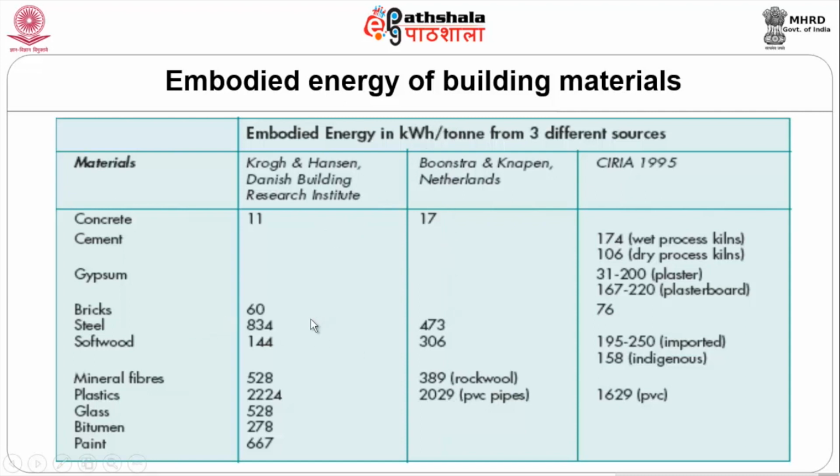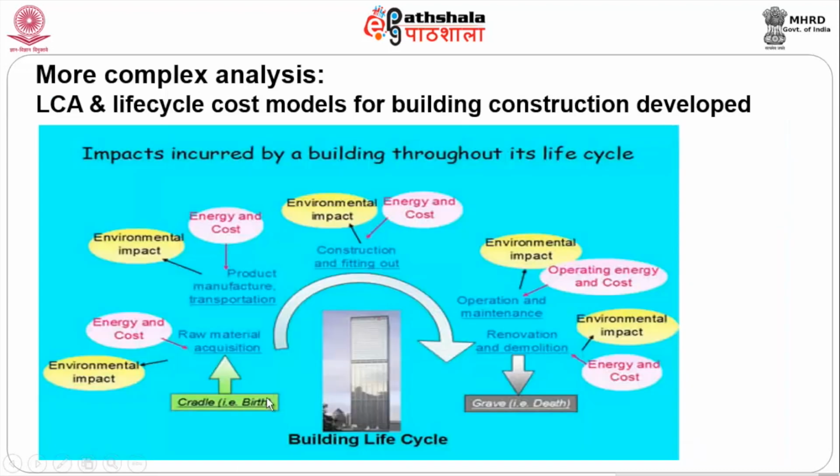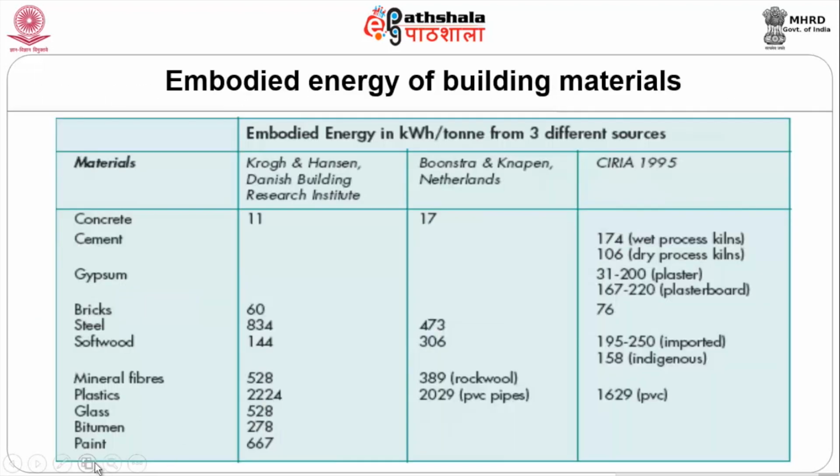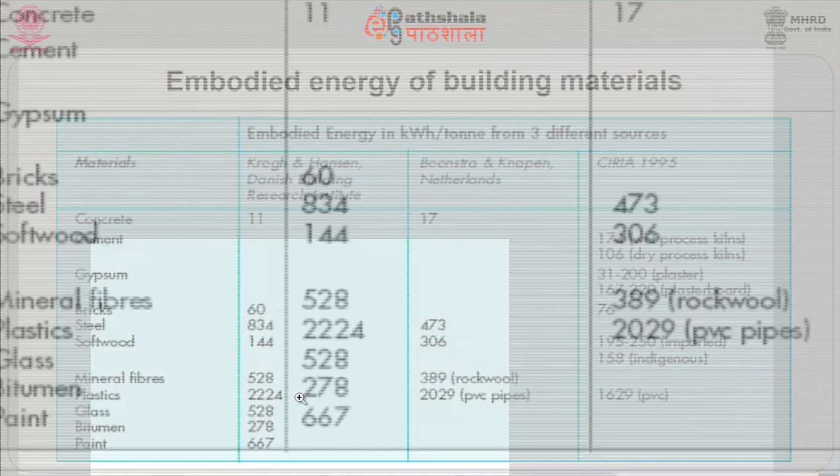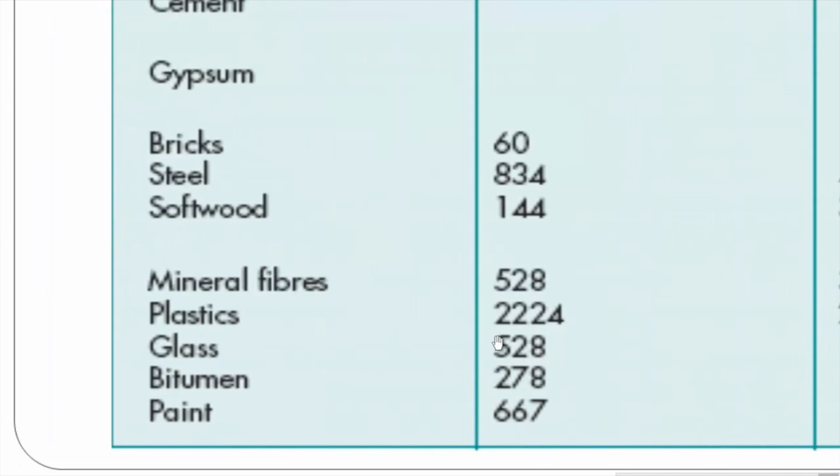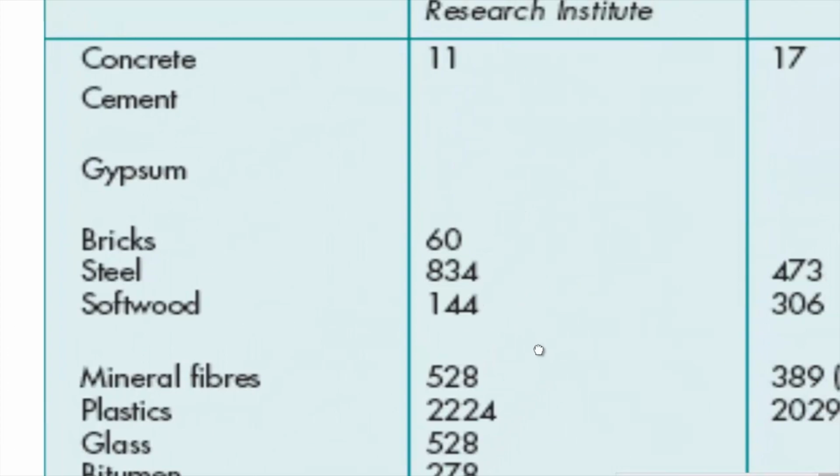Gypsum bricks is 60 and 470 in the Netherlands. Plastics give a higher value. And glass comes around 528, bitumen and paint come around 278 and 667.